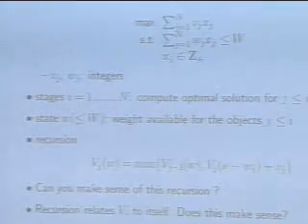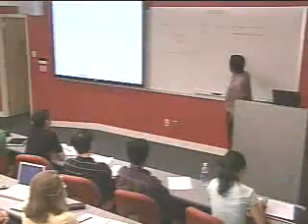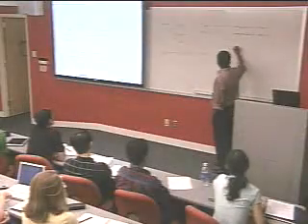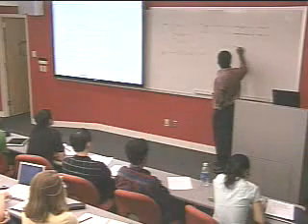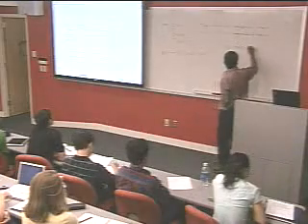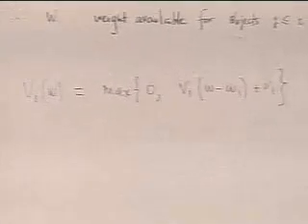And what is V1 of W? How would you compute that? In this particular case, it's going to be the maximum of 0 and V1 of W minus W1 plus V1. Right?